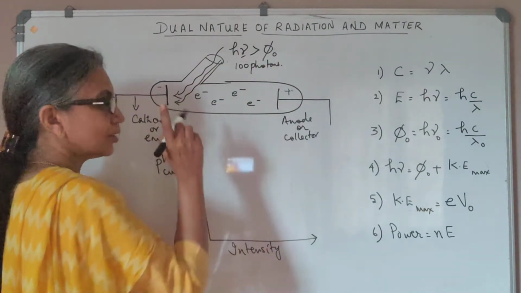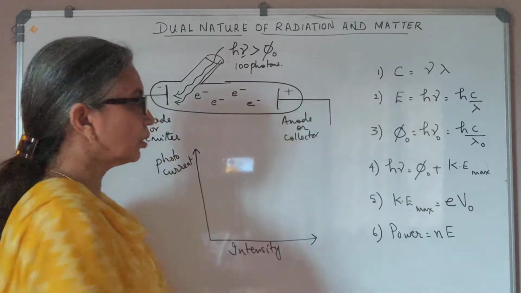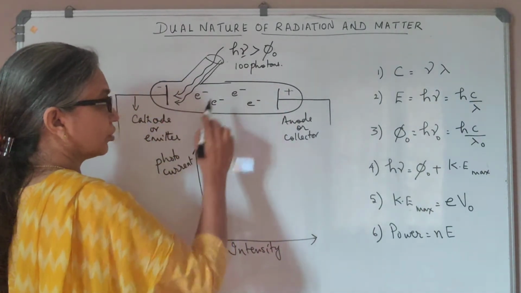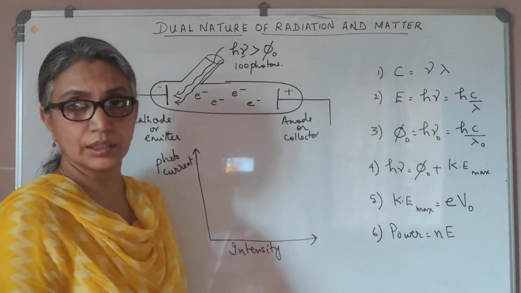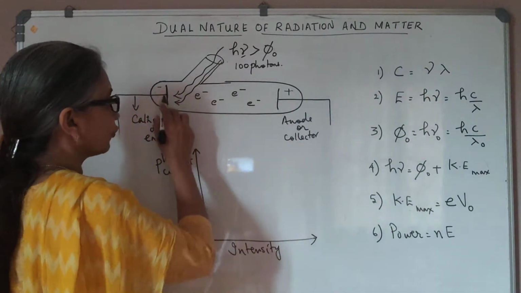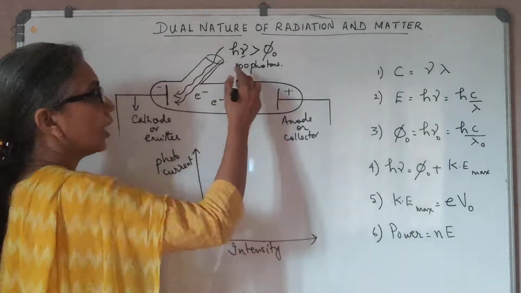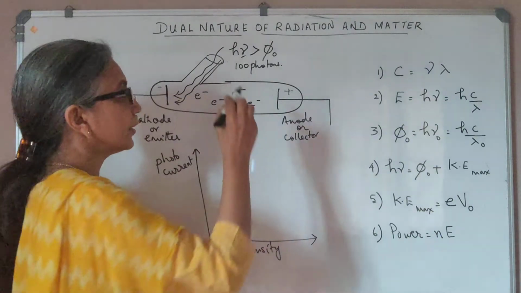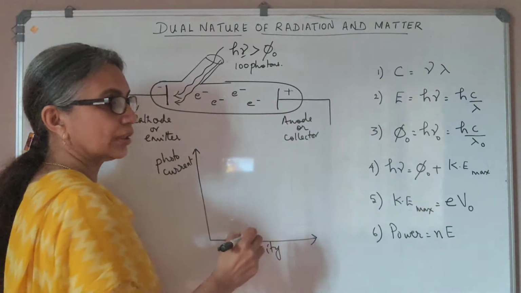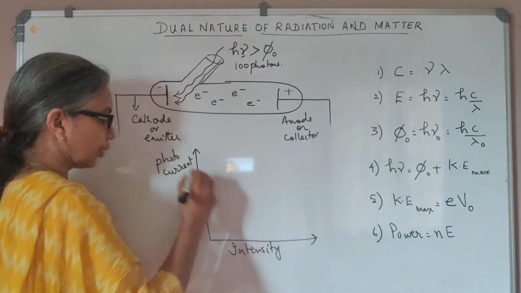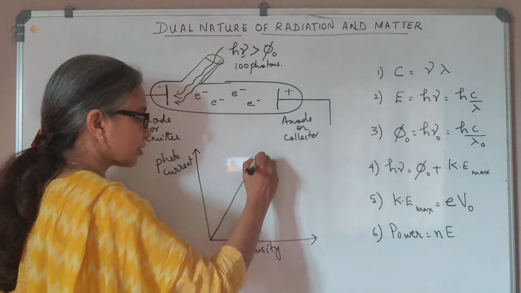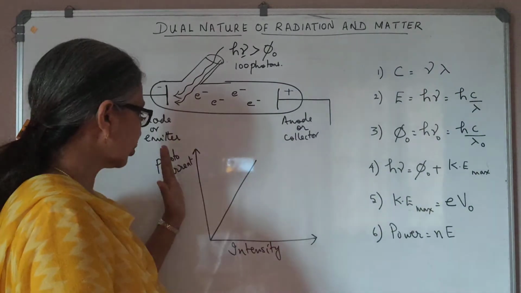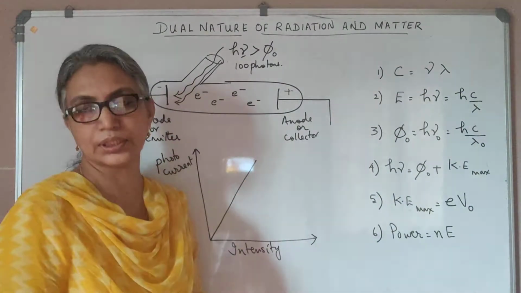One photon will release one photoelectron. So if 100 photons are incident on this, then 100 photoelectrons are going to be emitted by this photosensitive plate. So you see, as you increase the intensity, the number of photons increases, and therefore the number of photoelectrons will increase, which will definitely increase the photoelectric current, and therefore we have a straight line graph showing that the photoelectric current is directly proportional to the intensity.